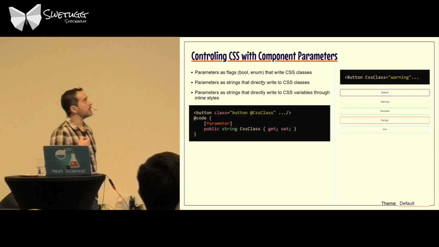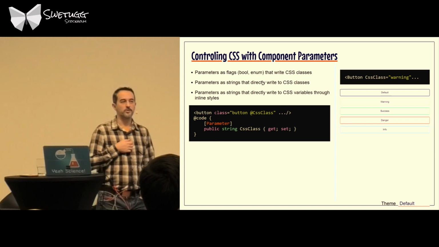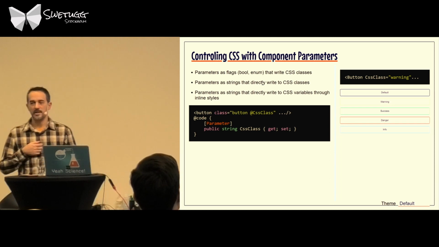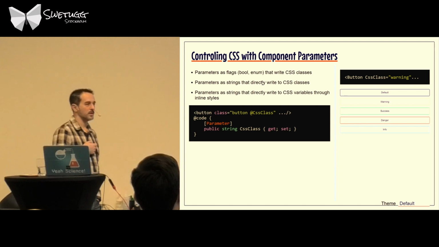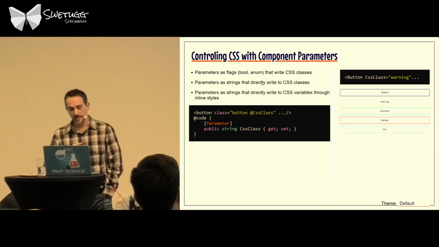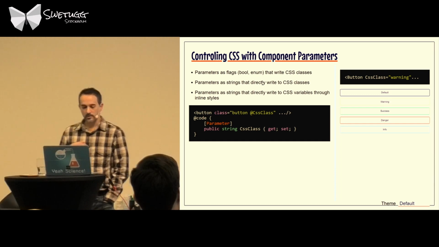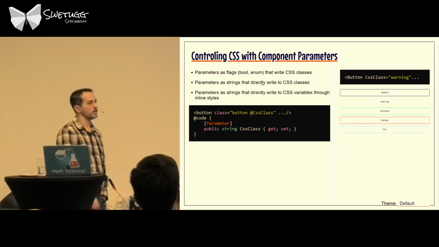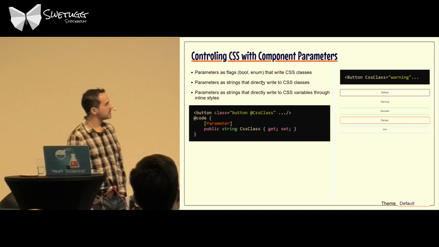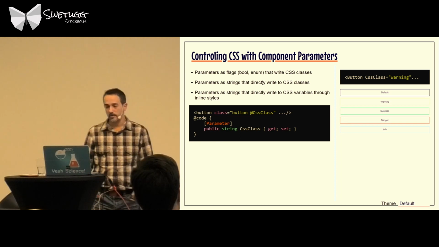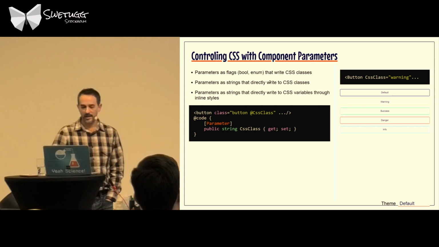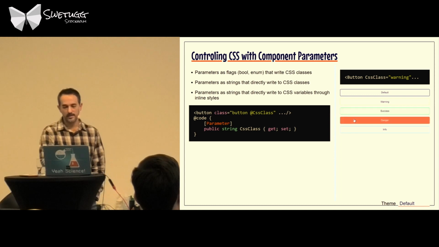Another way of controlling the style within our components is through Blazor properties. So I could write very specific properties that I want to expose as an API surface to developers. And I could say, for this button, there's multiple themes that go along with it. And if you pass in a class to my button of default, warning, danger, success, or info, it will then change the theme of the button accordingly.